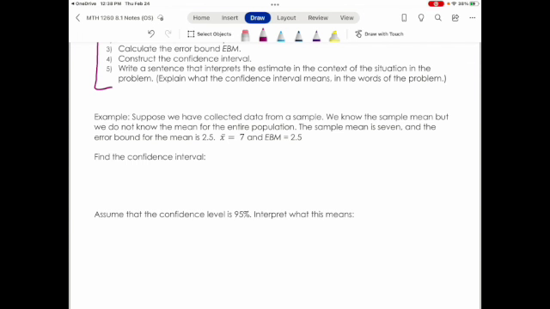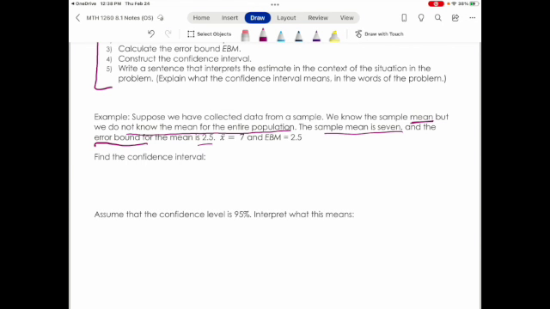So we're going to start off with a very basic, simple one. It says, suppose we have collected data from a sample and we know the sample mean, but we do not know the mean for the entire population. So we're trying to estimate the mean of the entire population, but we know the mean of the sample. The sample mean is 7, and the error is going to be 2.5.